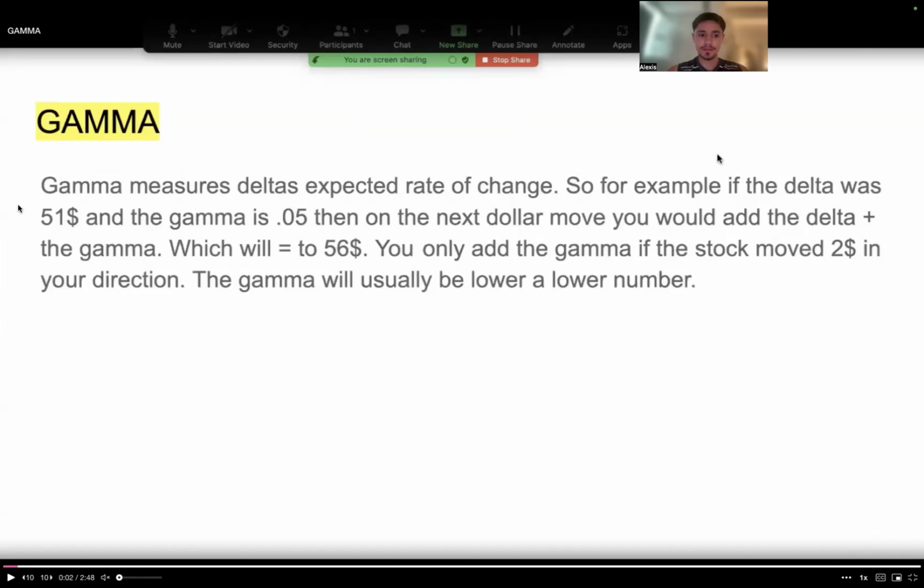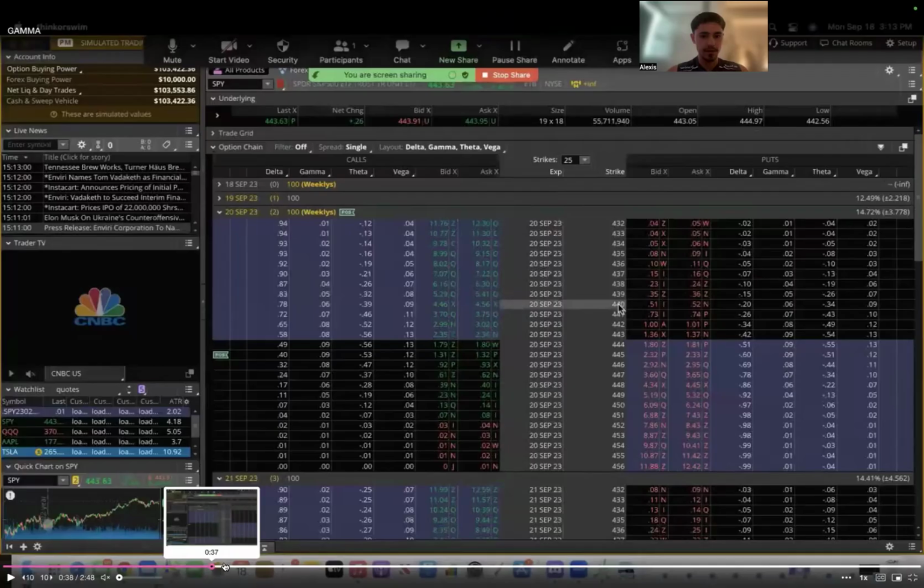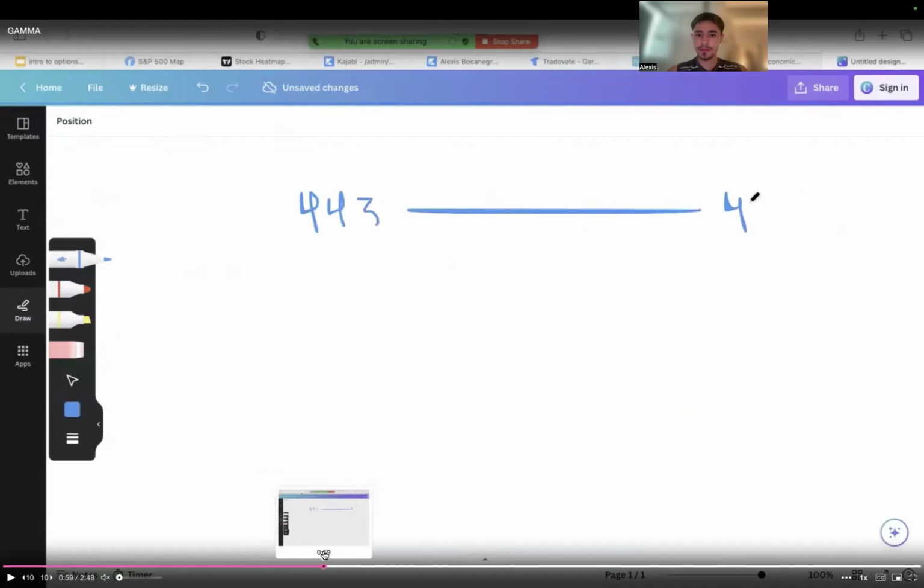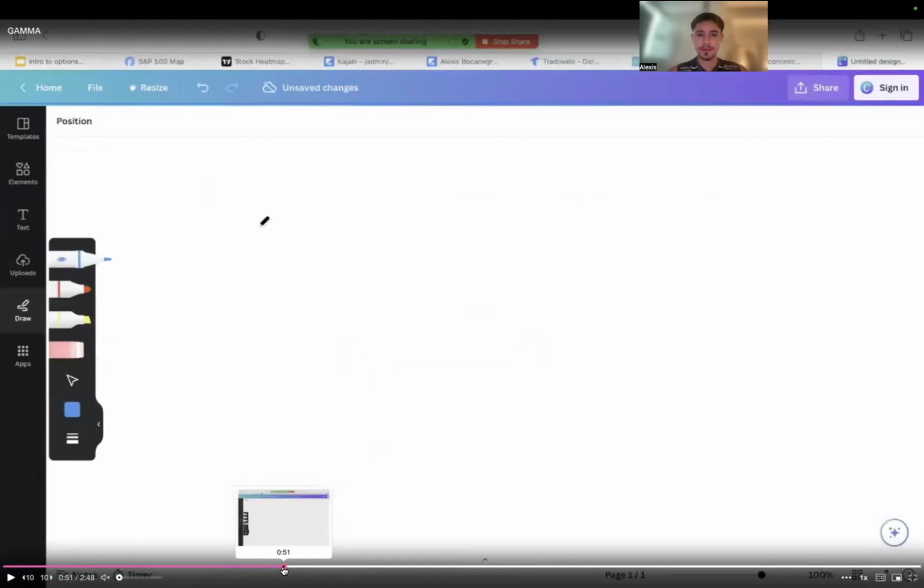I want you guys to think of it like this. Let's use that same example, 443, and we think it's going to 445. Okay, I'm going to give you guys an example here. Let's say the delta is 0.50 and let's say we have a gamma of 0.05.